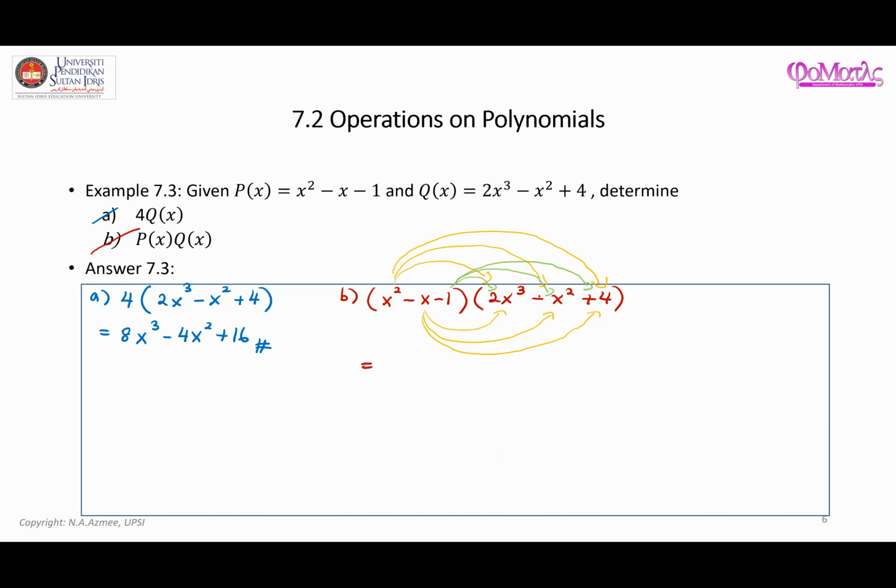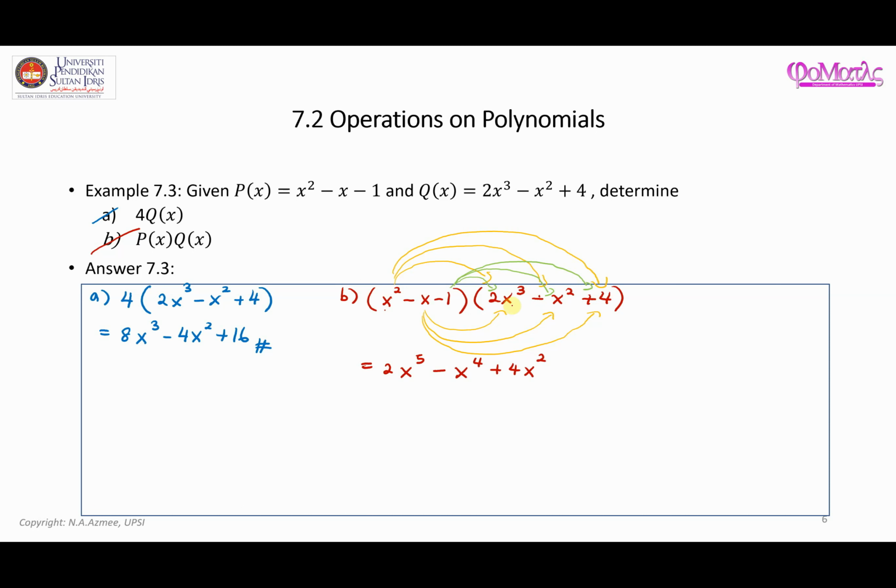So now let's see what we've got. x squared times 2x cubed is 2x to the power of 5, x squared times negative x squared is negative x to the power of 4, and x squared times 4 is 4x squared.